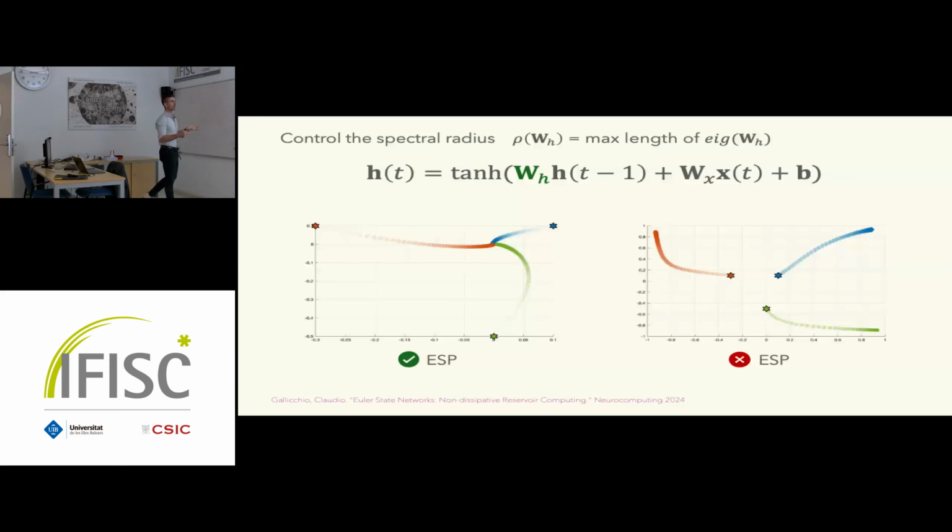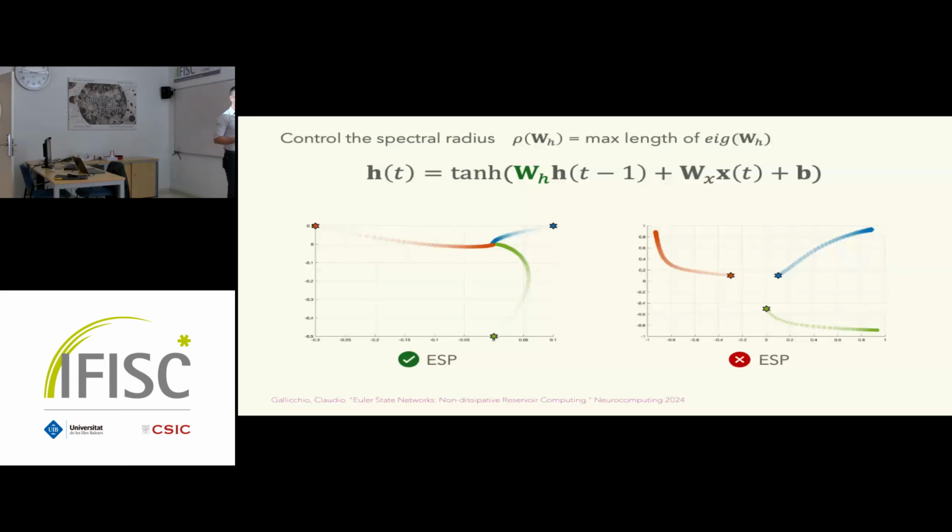If the echo state property is not in place, it means that depending on the initial condition, even if I give the same input to my system, the solutions will diverge to different positions in the state space. Right, and so depending on whether I have started my dynamics in the red, in the blue, or in the green one, I can move to different solutions, right? This is not good.